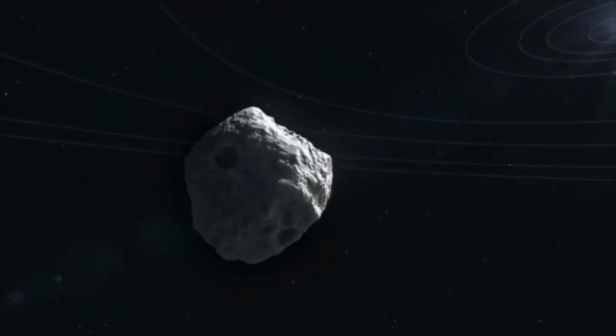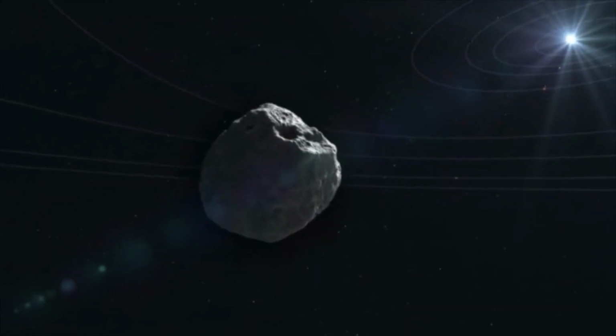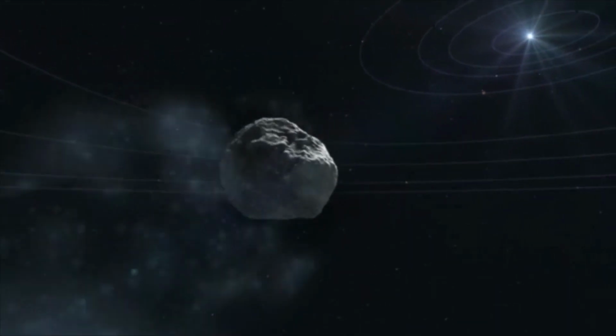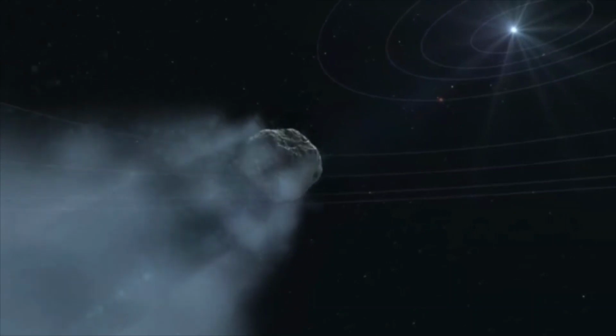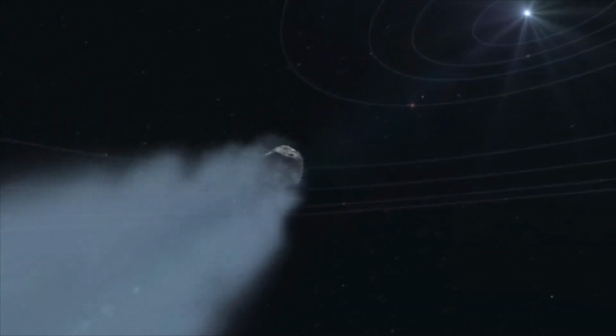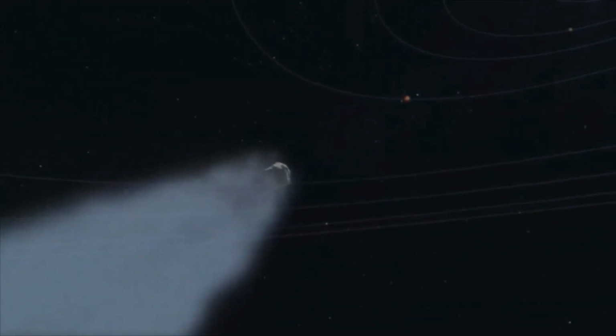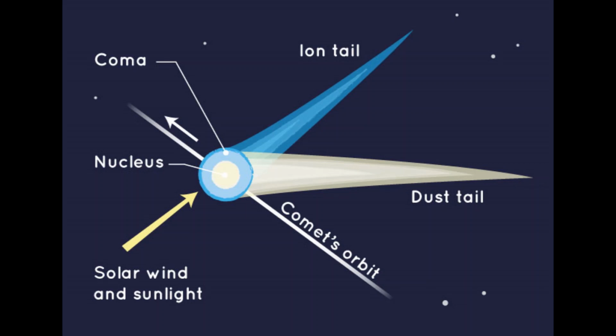This sublimation process creates gases, and these gases combine with dust particles and create a visible atmosphere around the nucleus. And this is called the coma of the comet.